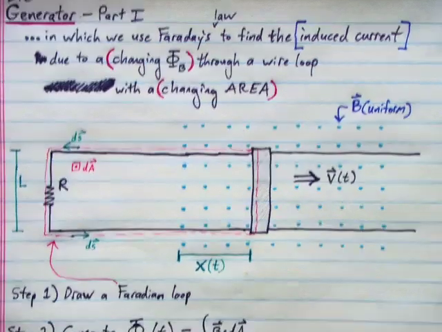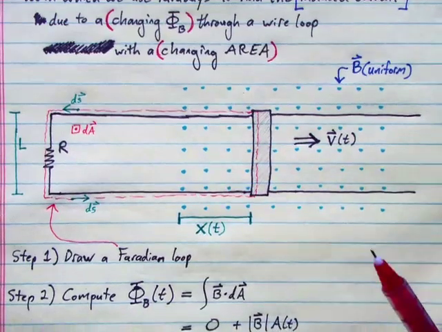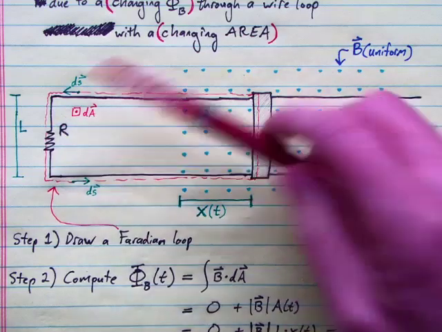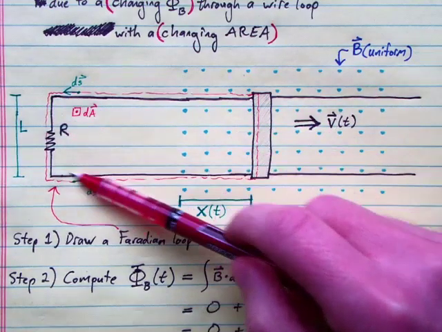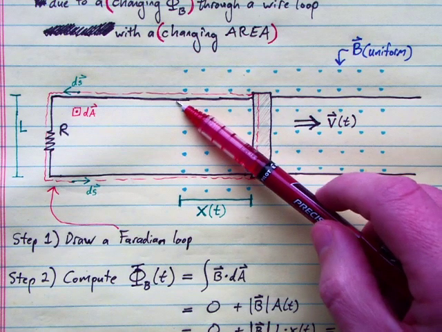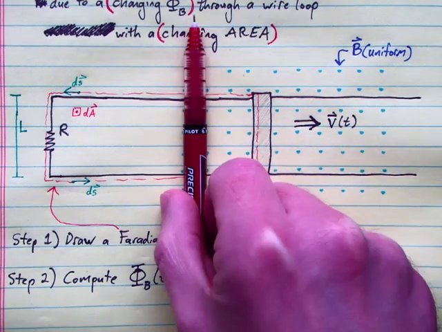Step 2, compute the magnetic flux through this loop, B dot dA through this here. Well, I can break up that area into two parts. The area of this rectangle here, where there is no magnetic field. Our B field is confined to just the region from this point rightward.